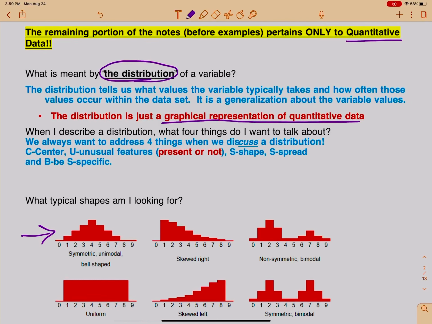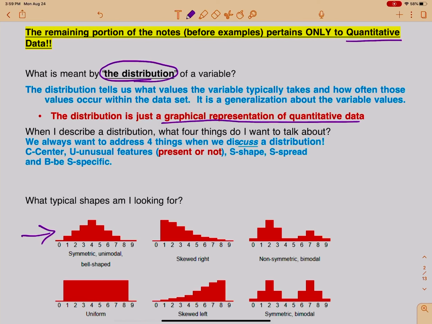That's what I'm saying. So when we talk about a distribution with quantitative data, we can address some very important values that are occurring within the distribution that we can't talk about with categorical data. And two of those values are spread and center. Those are numerical values that we're going to be discussing.